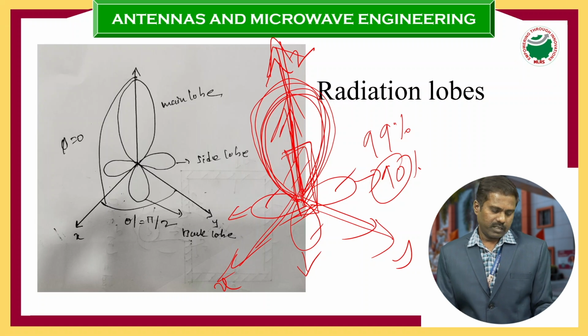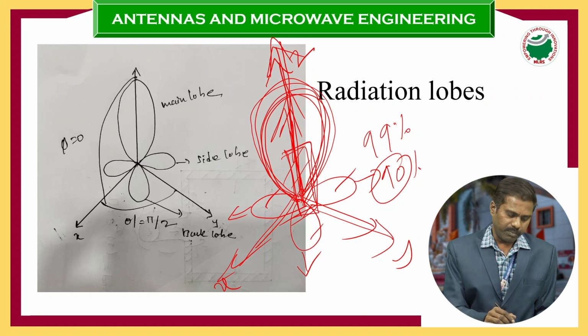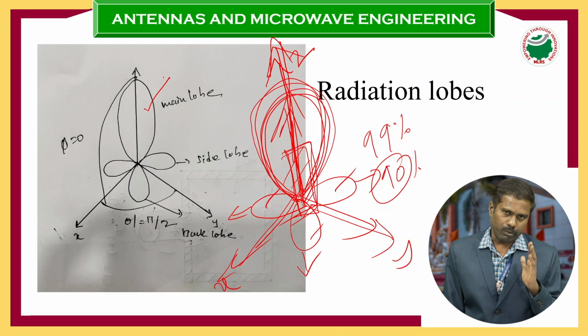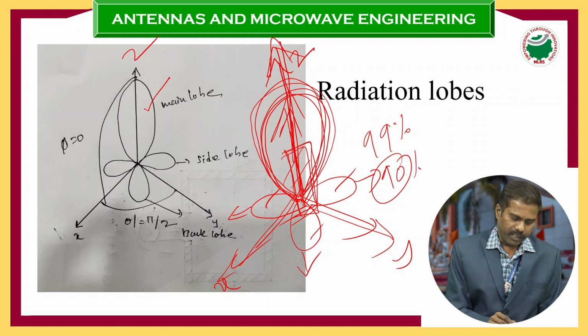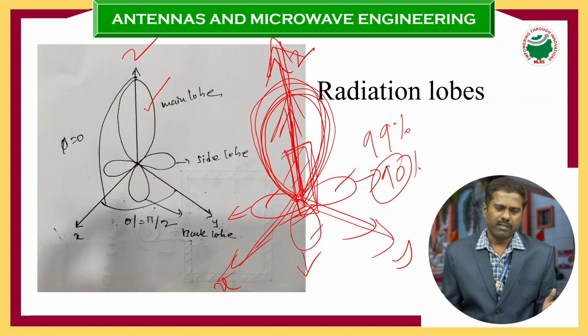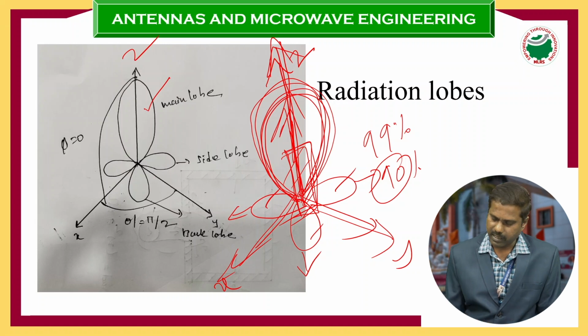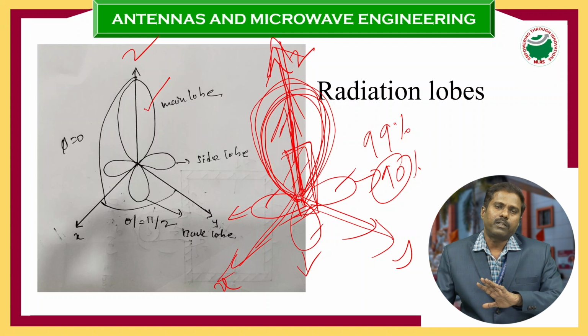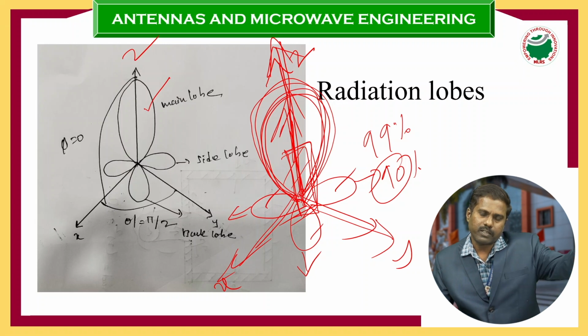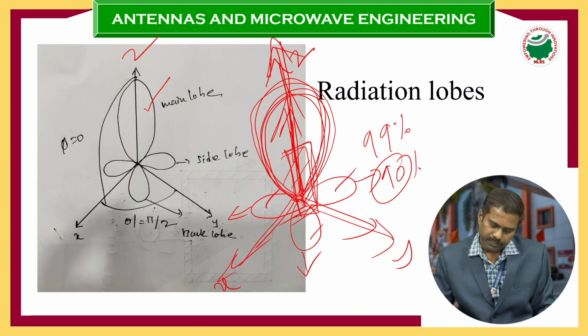That's why it looks like this. The small radiation is like a loss, the back lobe and side lobes. This is how the radiation is concentrated towards the desired direction of an antenna.